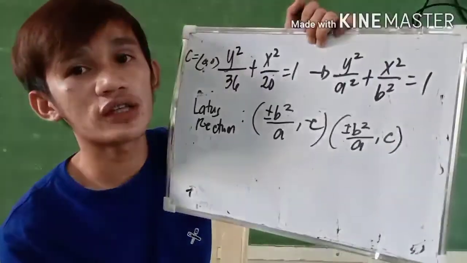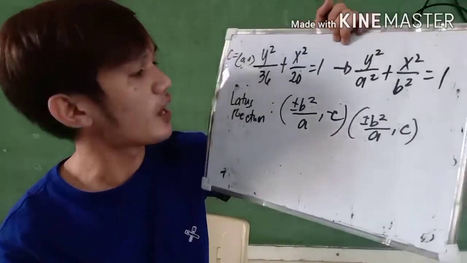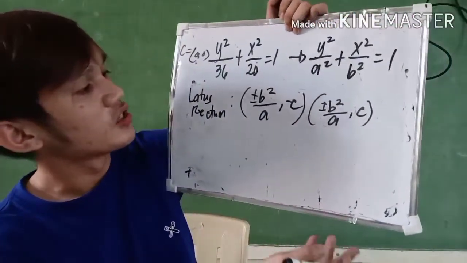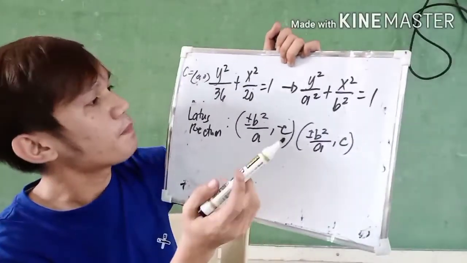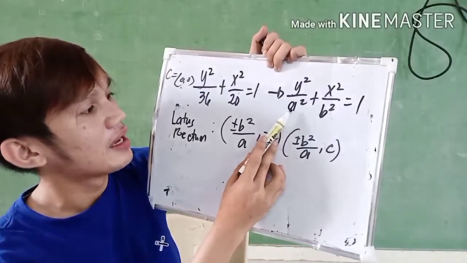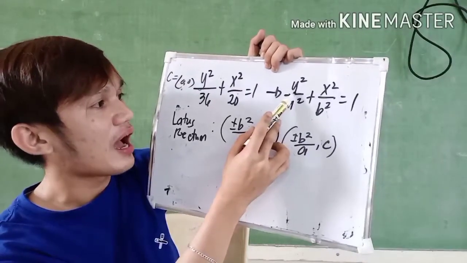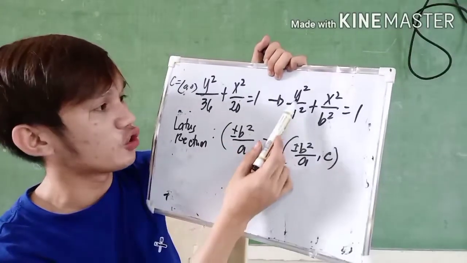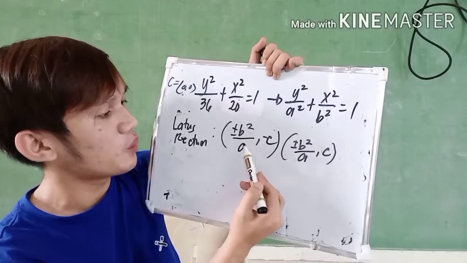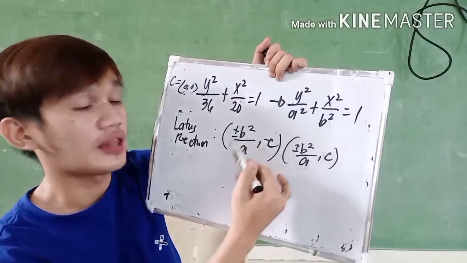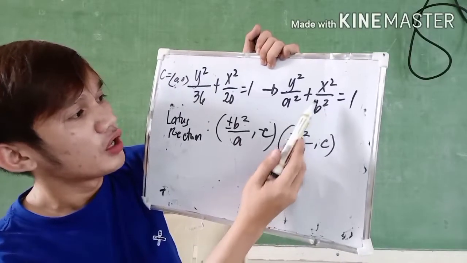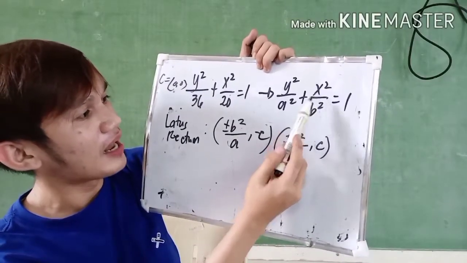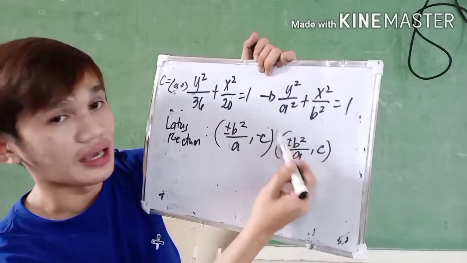Okay? So you're just going to substitute. Substitute nyo lang yun sa given. So tandaan po, kagaya din po ng sinabi ko kanina, kapag po ang may mas malaking a is yung y, ang paglalagyan po natin ng position ng ating plus or minus b square over a ay yung ating x. Kapag naman mas malaki yung ating x, ang paglalagyan naman natin ay yung nandito sa y.